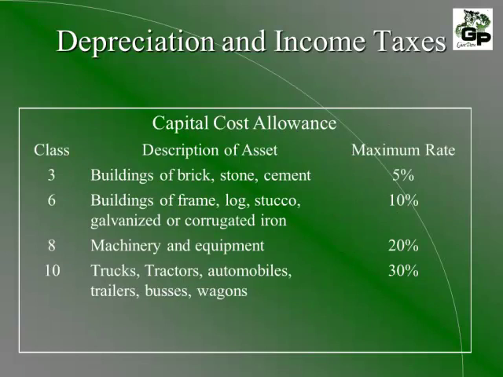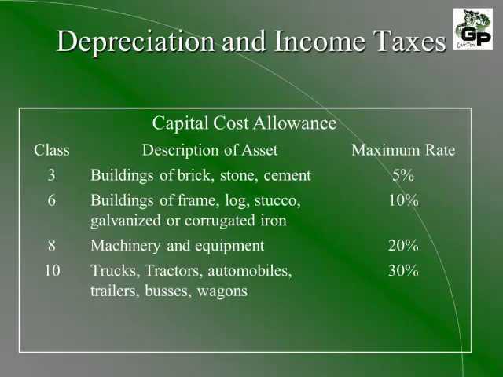Here is a chart that shows the capital cost allowance for different types of assets. Notice that they have class numbers, there's a description of the asset, and then depending on how long the expected lifetime is, a maximum rate for the calculations.